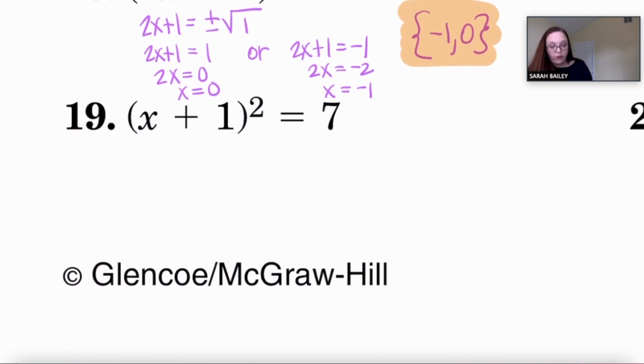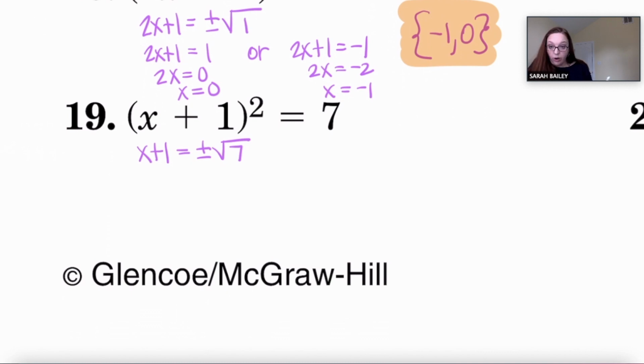Again, now this one is a little tricky, right? So this would be x plus 1 is equal to plus or minus the square root of 7. And the reason it is tricky is that if you do the square root of 7, you're going to get this long decimal number. 7 is not a perfect square. I'm just going to solve it, okay?